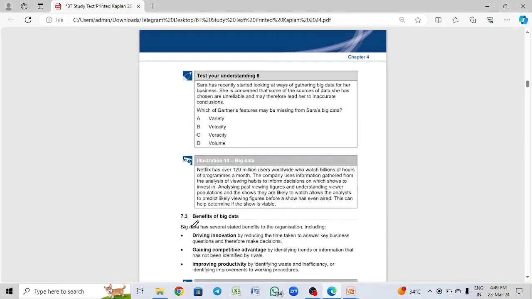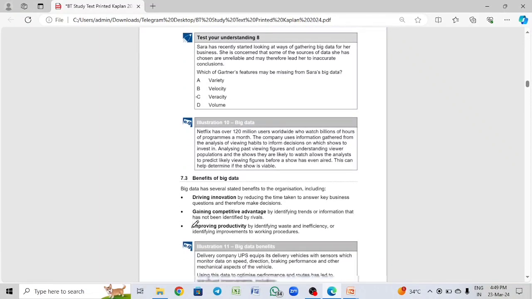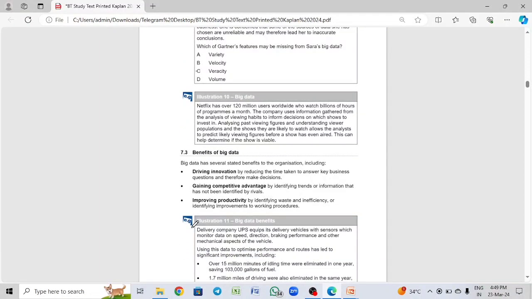Benefits of big data. What are the benefits? First, it drives innovation. It gives a competitive edge and improves productivity. How a competitive edge? Small firms have a competitive edge because they have easy access to data, so they can invest their money wisely.